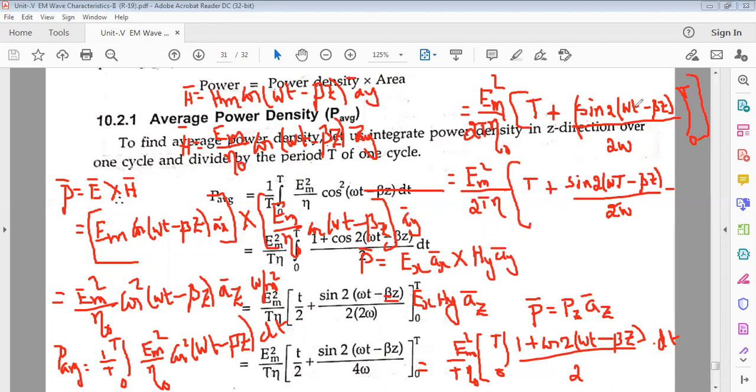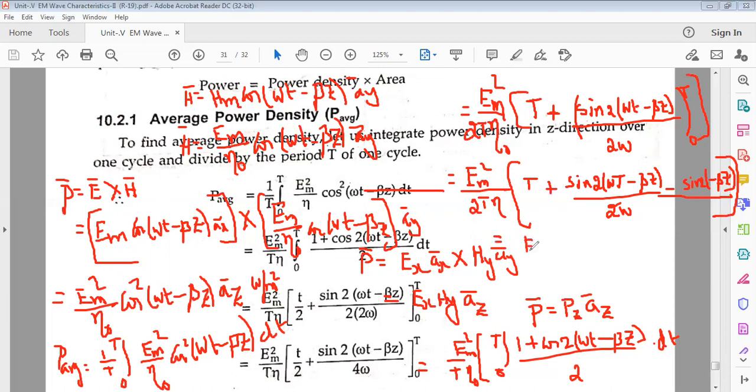Here t is 0, so sine of minus 2 beta z, whole divided by 2 omega.